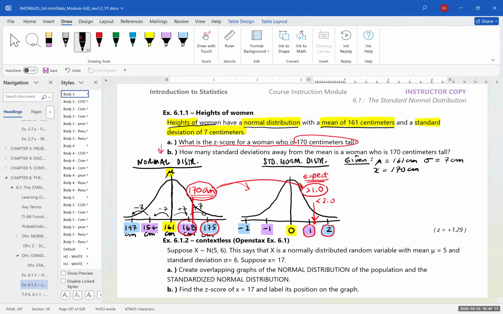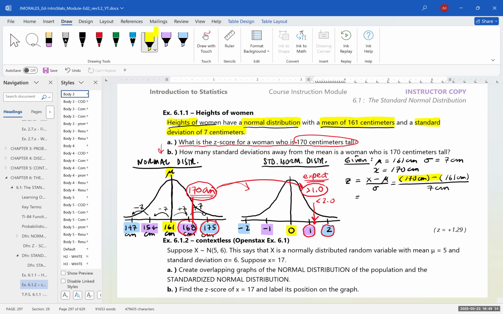And to do the conversion, we need this formula: z equals x minus mu divided by sigma. Now let's substitute our values in. So x is 170 centimeters minus mu, which is 161 centimeters, all over sigma, which is 7 centimeters.